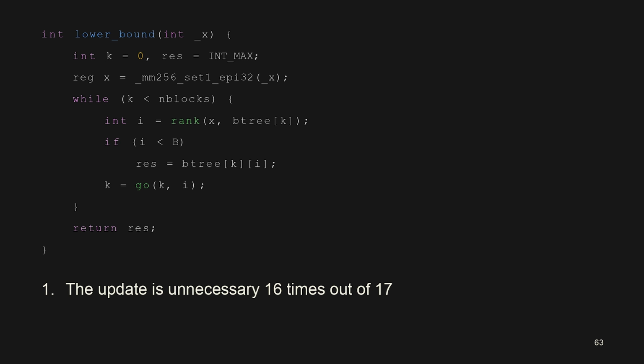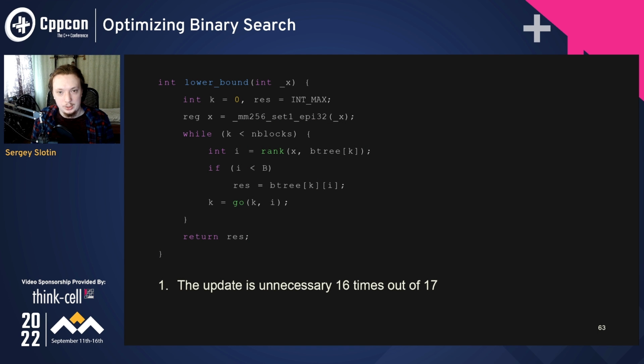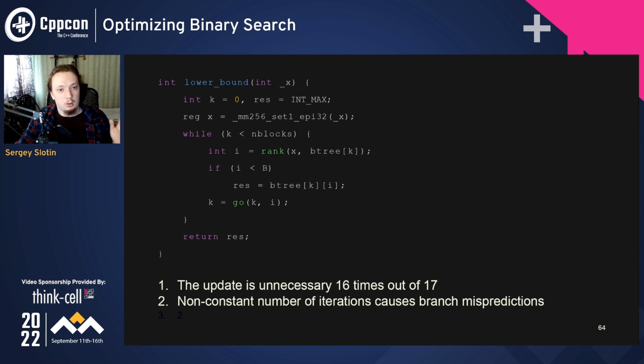But we still need to do that because there is a 1 in 17 chance that it is not there. Second, the depth of the leaf nodes of the tree is not uniform. So while descending, we perform a non-constant number of iterations, and this may cause one branch misprediction at the very end. It is just a single branch misprediction, but we ideally would like to avoid it.